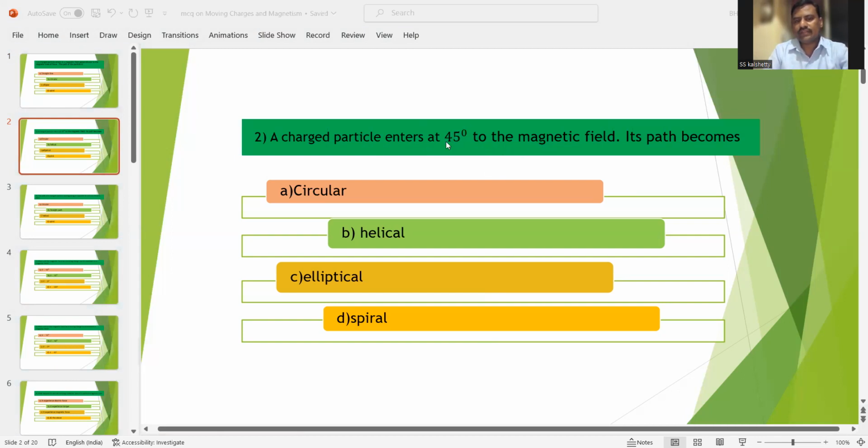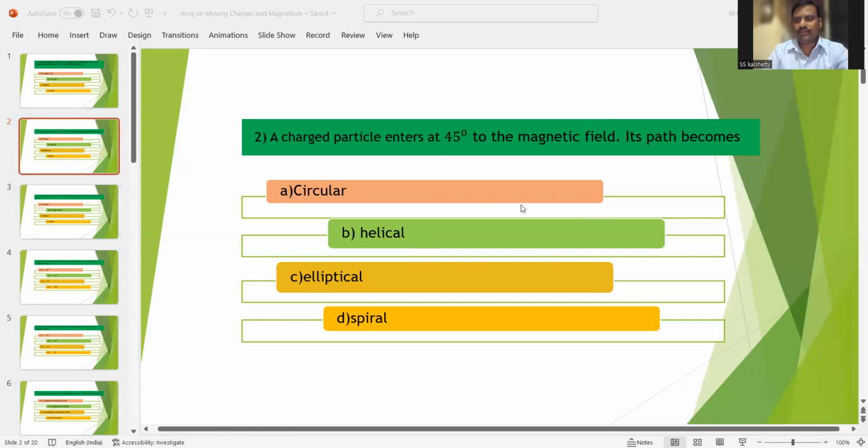In this case 45 is given. You remember 0 to 90 degrees, up to 89. What happens when it enters the magnetic field is that the charged particle takes a helical path.